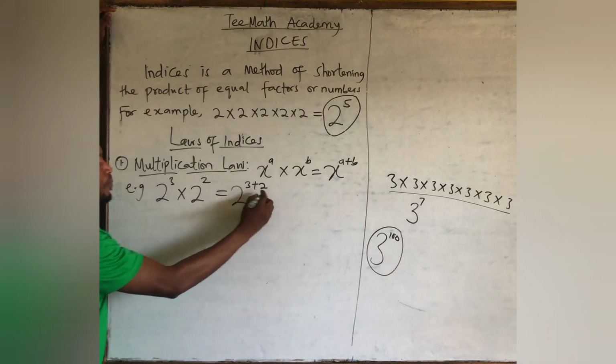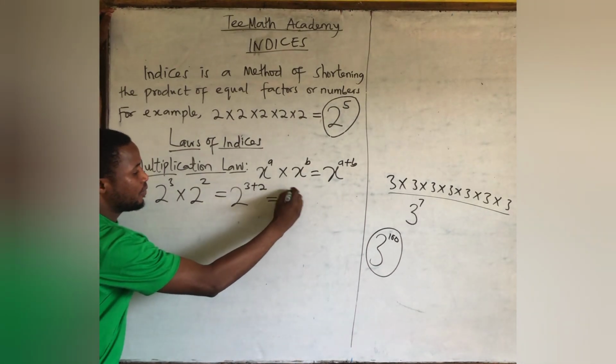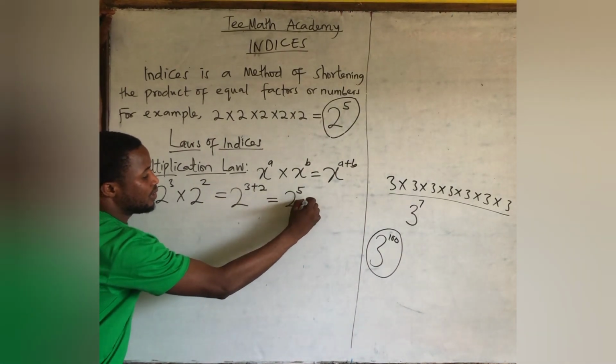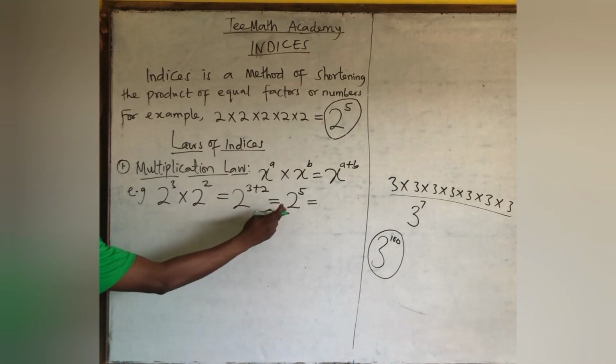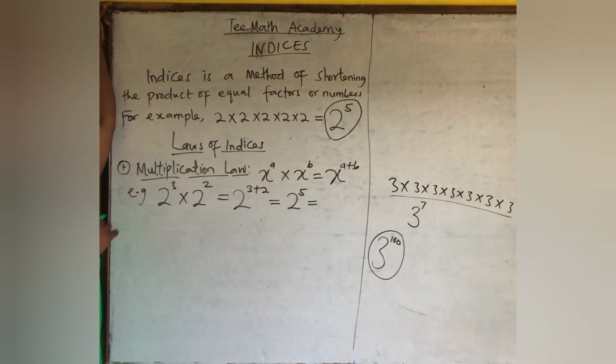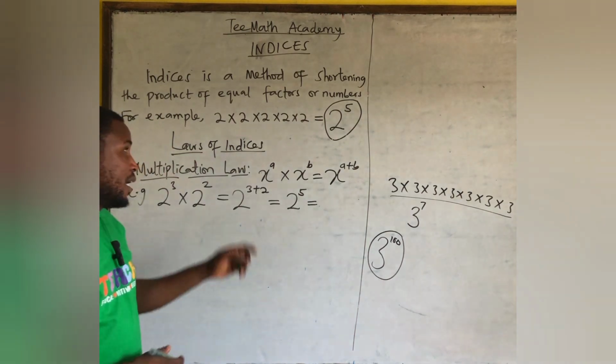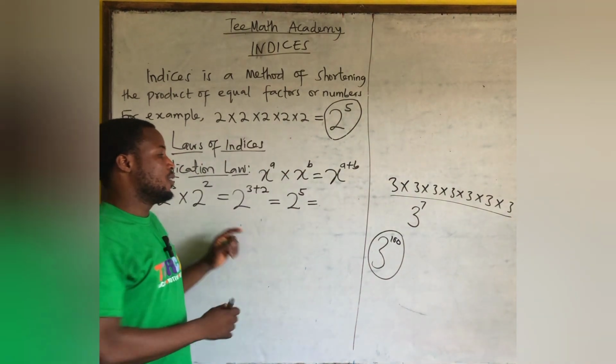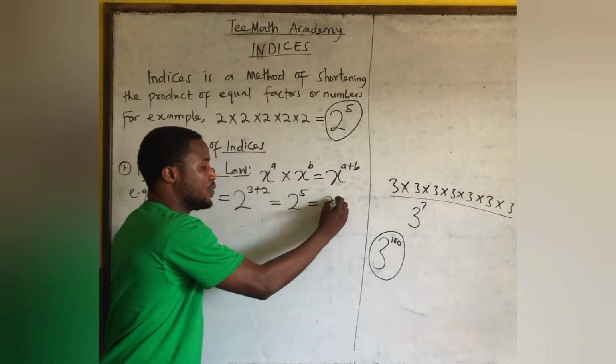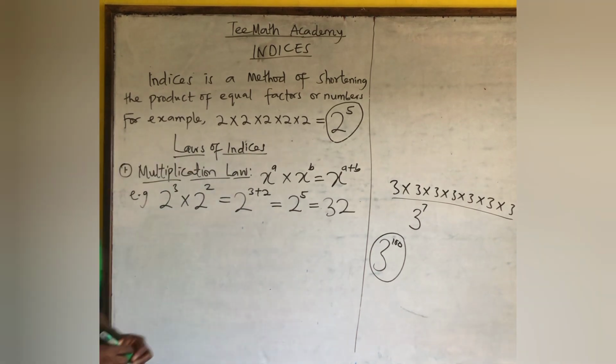So if I add the powers, what do I have? I have 2 raised to power 5. And 2 raised to power 5 is not 2 times 5, like many people will say. It is 2 in 5 places. When you multiply, it's 2 times 2 times 2 times 2 times 2. So by the time you do that, you have 32. And that is an example.